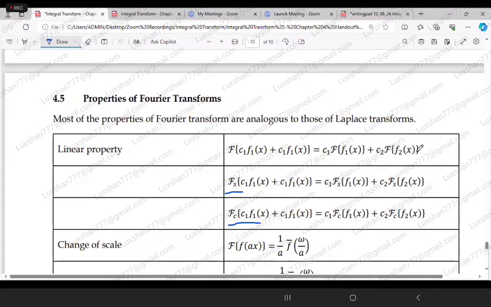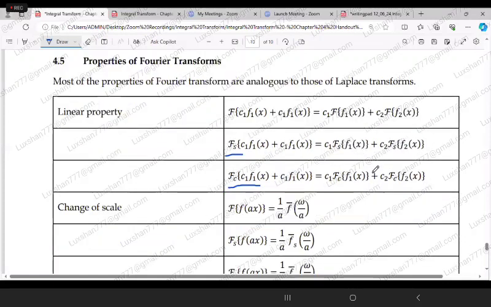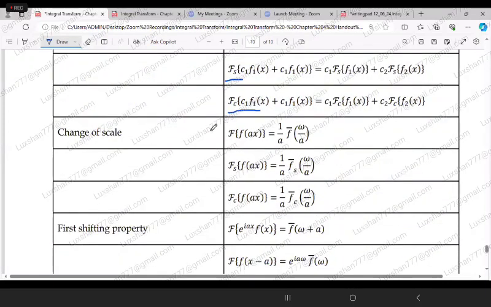So all three transforms, sine transform, cosine transform, and Fourier transform, or in other words, Fourier complex transform, all satisfy linearity property. You know the meaning of linearity property. Similarly, the Fourier transform satisfies the change of scale property. All three: Fourier complex transform, Fourier sine transform, Fourier cosine transform.